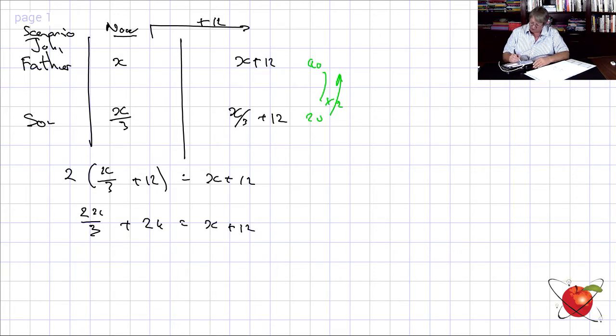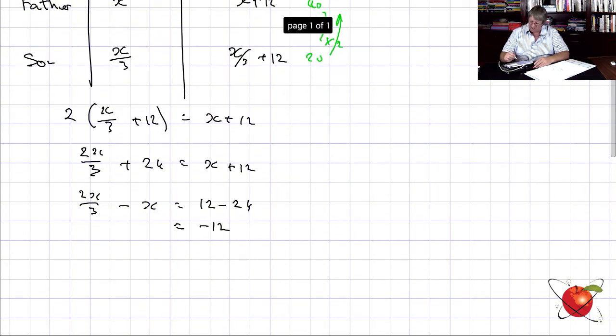And then we take the 24 over and we get 2X over 3 minus X is equal to 12 minus 24, which is minus 12. And we then end up with minus X over 3. Then we multiply through by minus 3. So X is going to be equal to 36 years old.